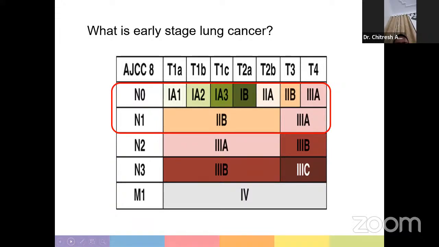I would echo the same sentiment that we have very few upfront operable lung cancers. Nowadays there is huge heterogeneity in the definition of early stage or resectable versus non-resectable lung cancer, which we'll see in subsequent slides. Anybody who sees a higher percentage of early stage lung cancers in their practice can comment.